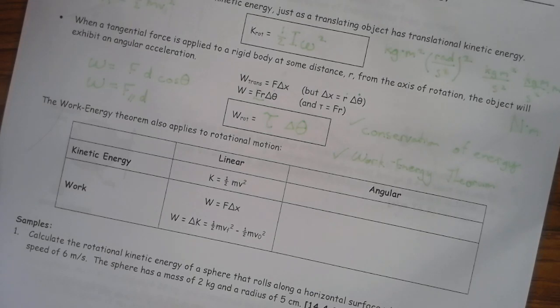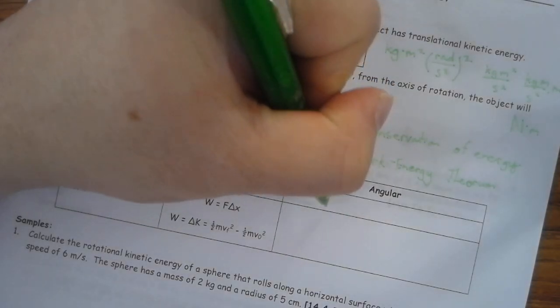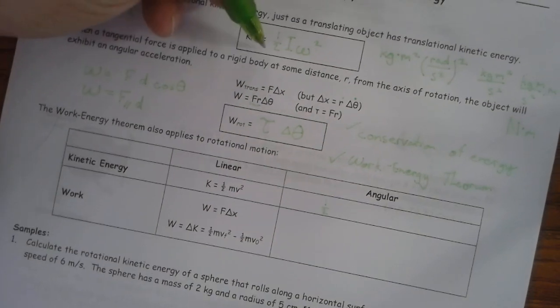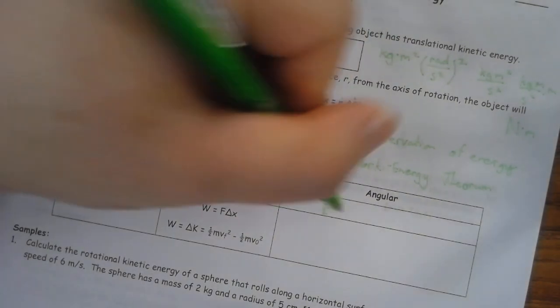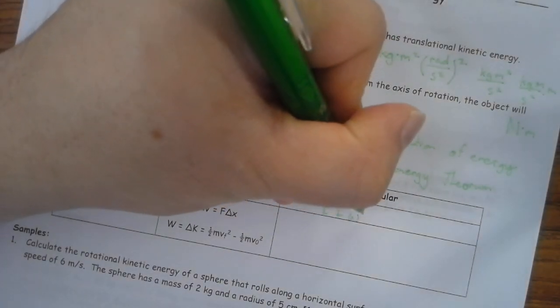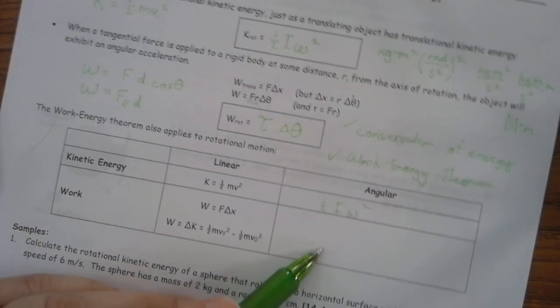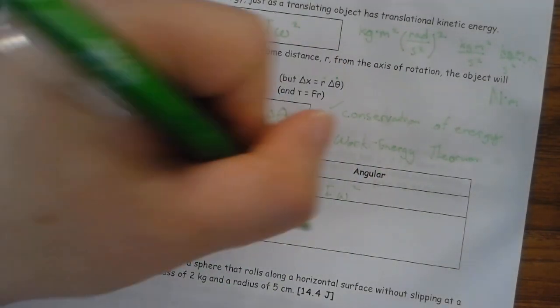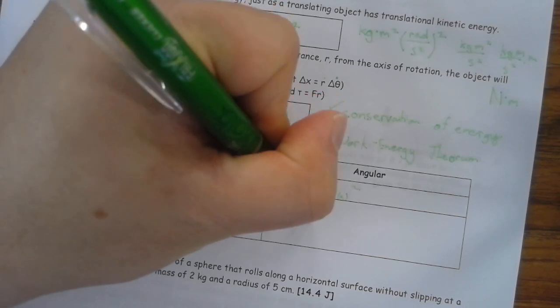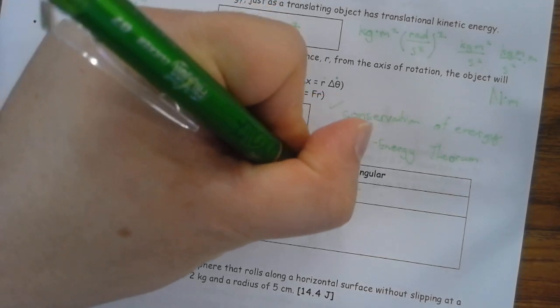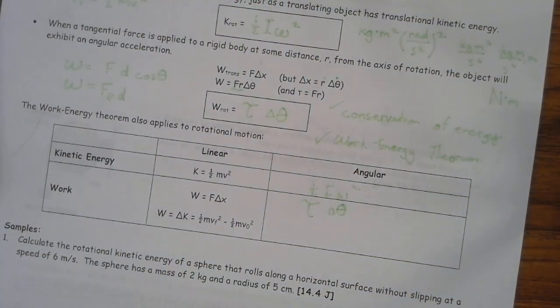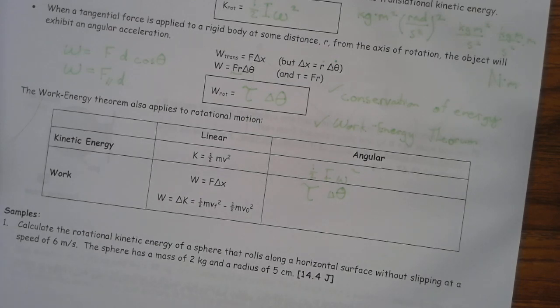What's the similar form of it for angular? 1/2 what? I omega. Right. I'm asking what's in the boxes up top. So this will be I omega squared. And then down here, work is torque times the change in the rotation, how much it rotates.